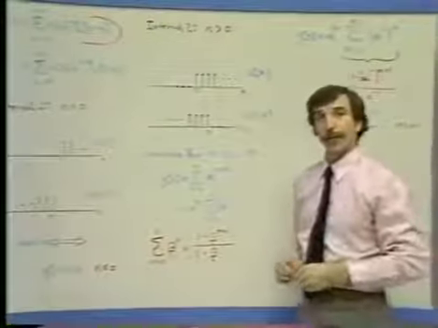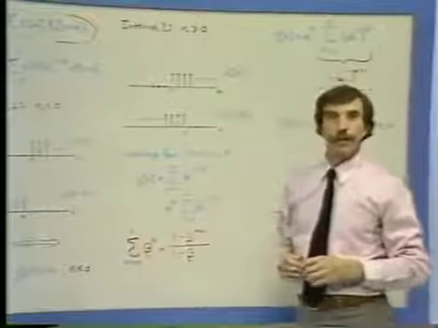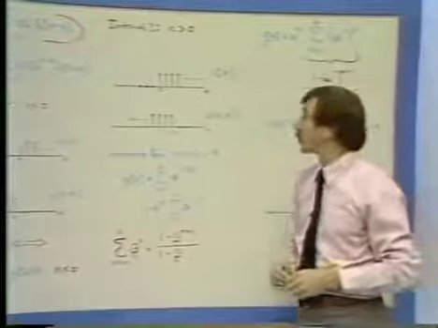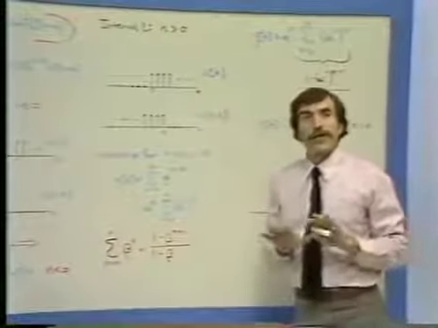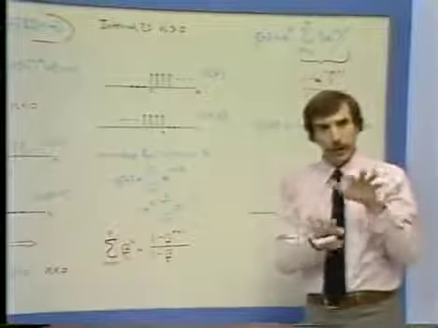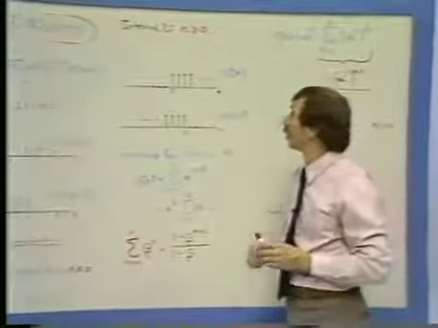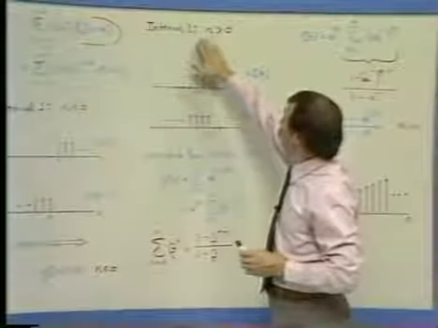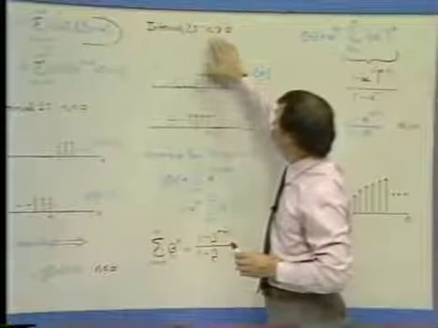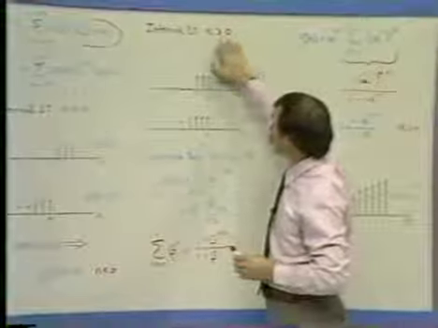For n greater than 0, it's not quite as straightforward as coming out with the answer 0. So now let's look at what happens when the two unit steps overlap. And this would correspond to what I've labeled here as interval 2, namely for n greater than 0.